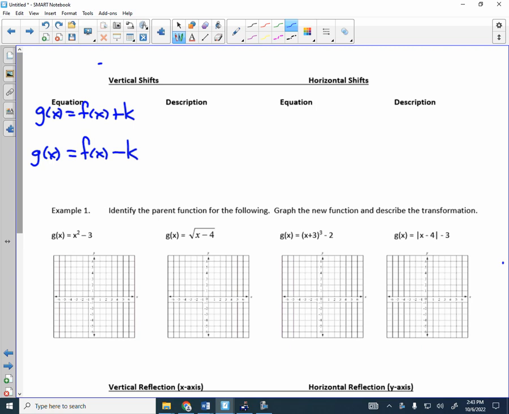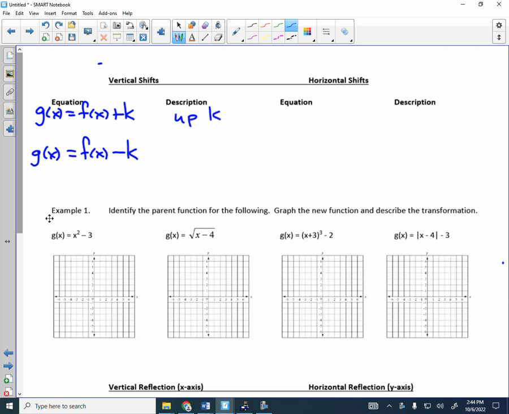Okay, so we're going to see what happens when you take these functions and then you transform them. So in this first situation, it says we have g of x equal to f of x plus k. What do you think is going to happen if we add a number to the function? Yeah, it's going to move it up k units.